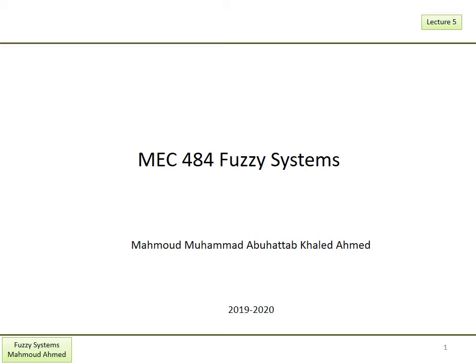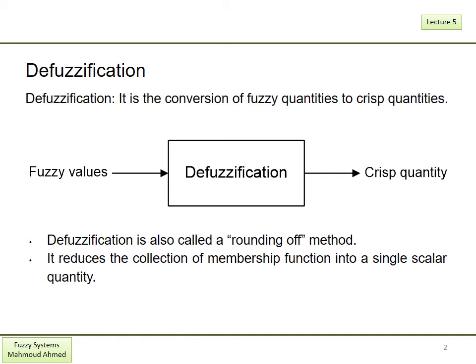Today we are going to begin with a new topic in fuzzy systems called defuzzification. Last time we covered fuzzification, in which we convert any absolute variable in the environment to a fuzzy variable by means of human perception.